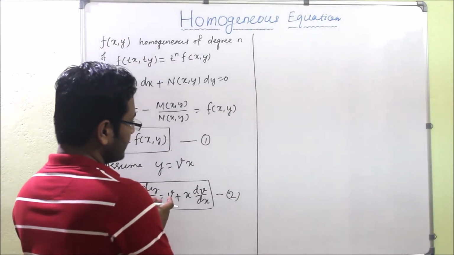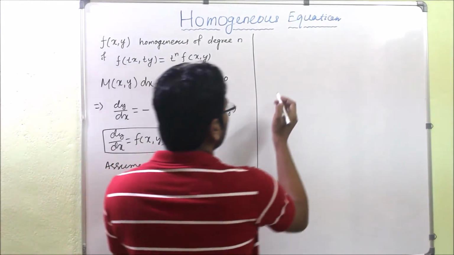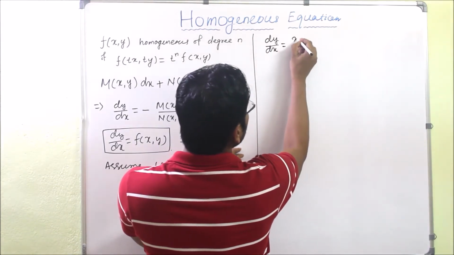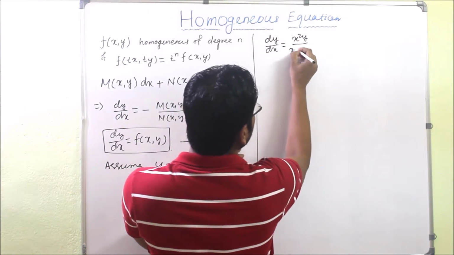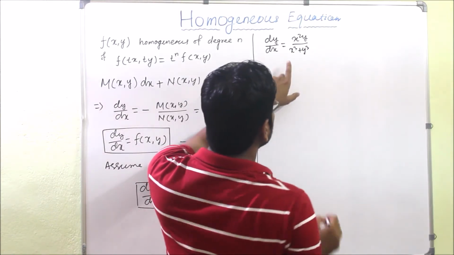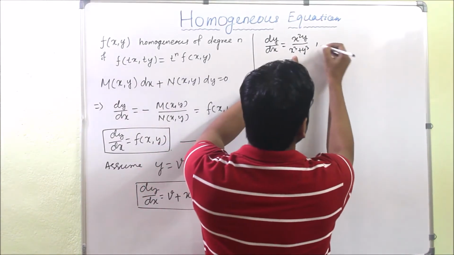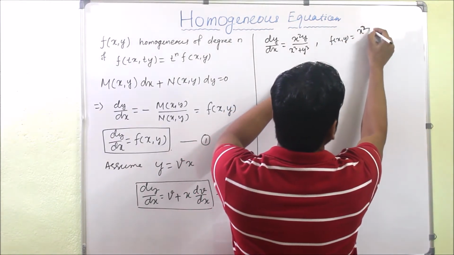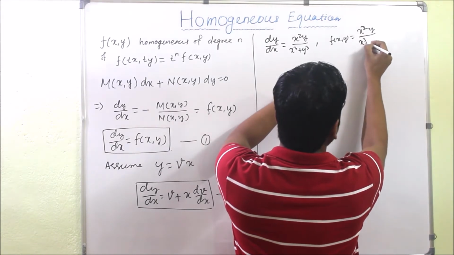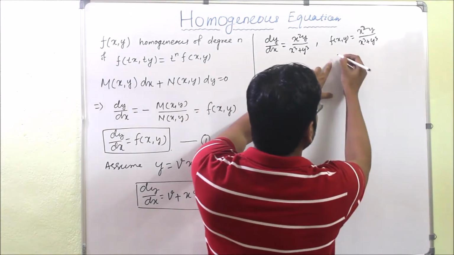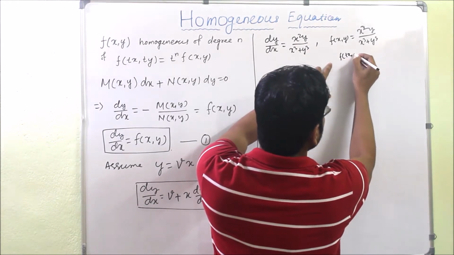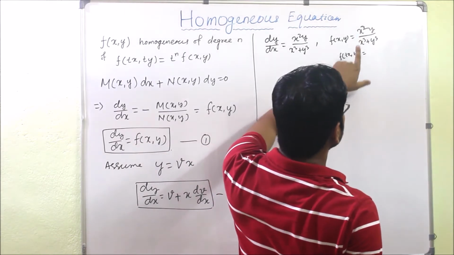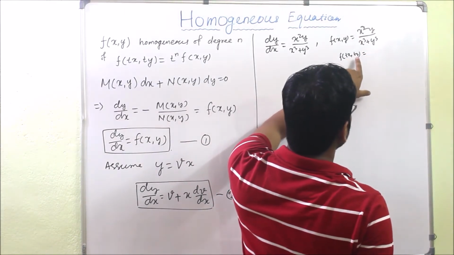Now we will demonstrate this technique through an example problem, and the problem is dy by dx equal to x square y by x cube plus y cube. We have to check whether this function is homogeneous or not. So we have to find f of tx comma ty. In place of x we put tx, in place of y we put ty.